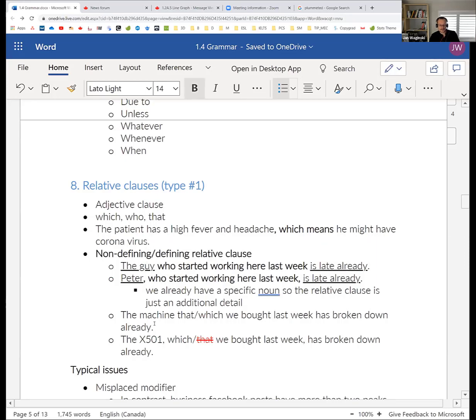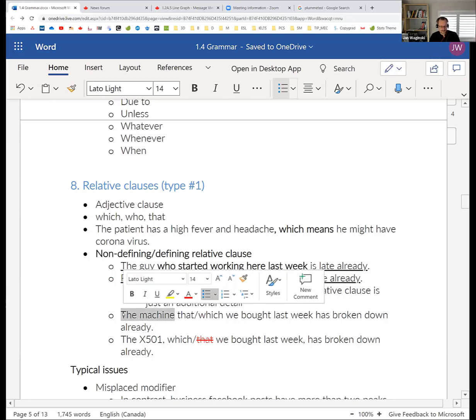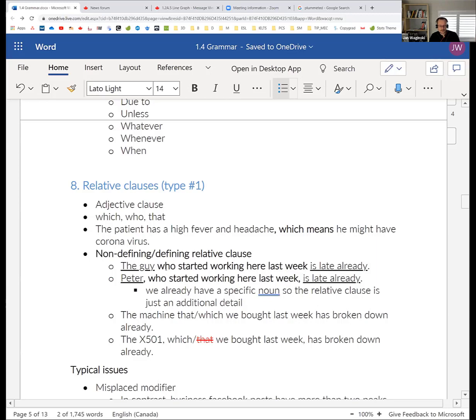Okay. This is a parallel situation. So that's for people. For people, you use who. For stuff, we use that or which. The machine has broken down already is our independent clause. And in the second example, the X501 has broken down already is our independent clause.